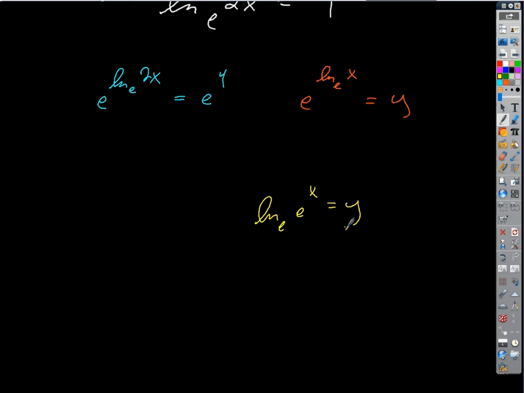Everybody agree? Because what does this say? It says a log is an exponent, so the base to the y equals whatever we're taking the log of. So x equals y. That's telling us e to the y equals e to the x, so y equals x. So that tells us something important: the base e log of e to the x equals x.